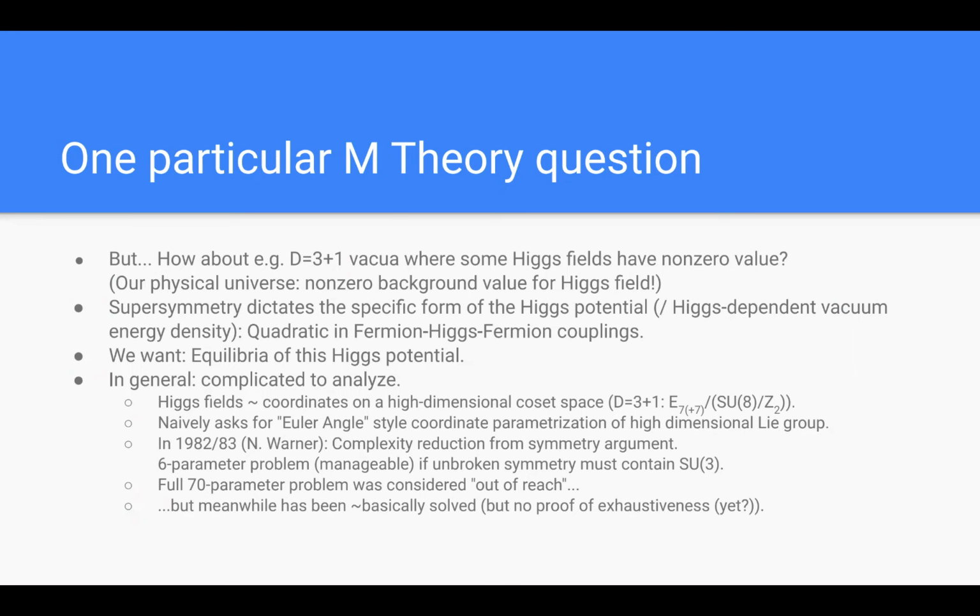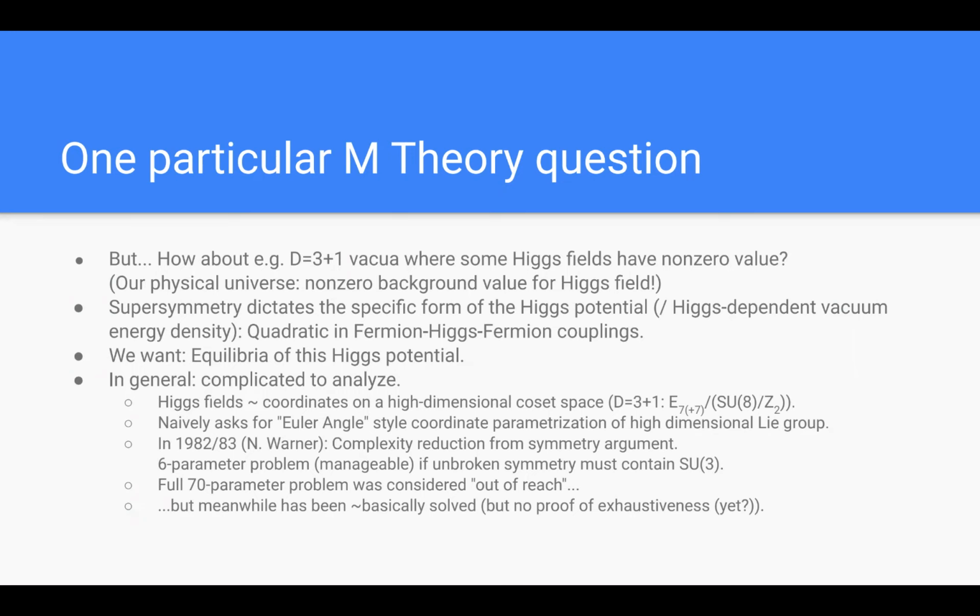And in particular, in 3+1 dimensions, the coset space is the Riemannian symmetric manifold that we get by taking the maximal non-compact, the maximal split form of the exceptional Lie group E7 and modding out the maximal compact subgroup, which is well, SU(8) with some part of its center divided out. So if we did it that way, then naively this would ask for something like an Euler-Engel style coordinate parameterization of a high-dimensional Lie group.